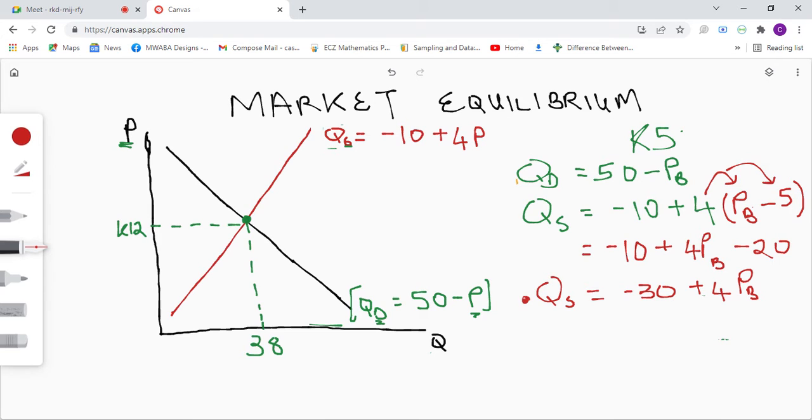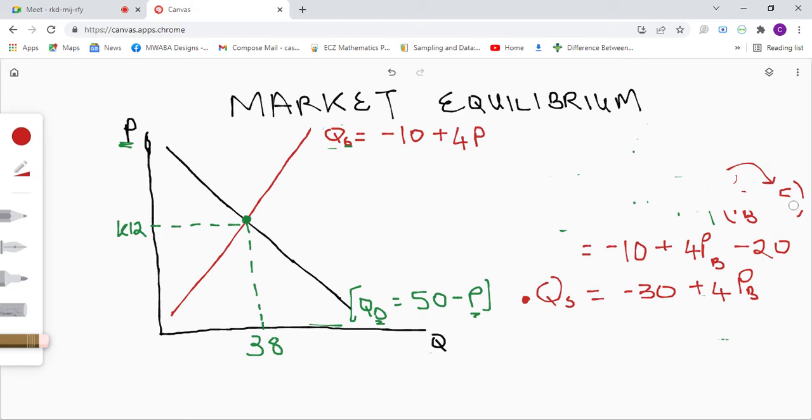So we're now going back to the same process we used when calculating the equilibrium price and equilibrium quantity. We're going to equate QD and QS. Step 1, we're equating QS and QD.